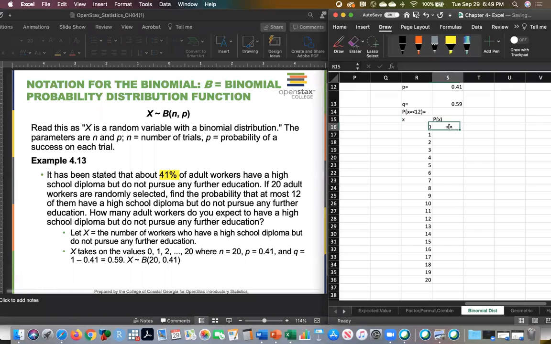So I'm going to use my formula. I'm going to say equals BINOM, open parentheses. We have trials that are 20. I'm going to type the number because I think it's easier. And I'm going to say the probability is 0.41.